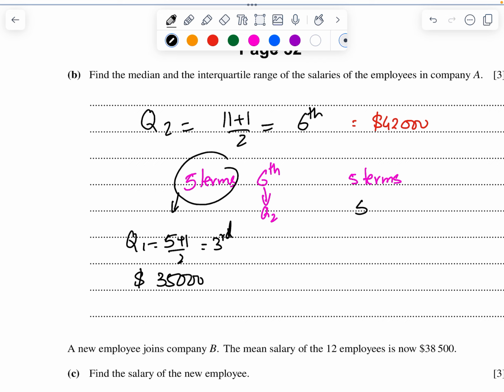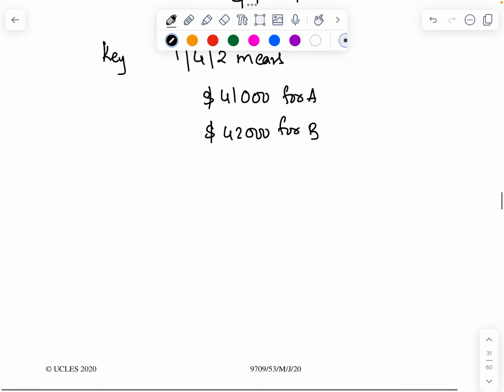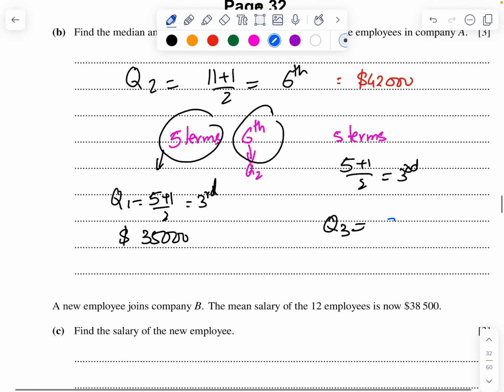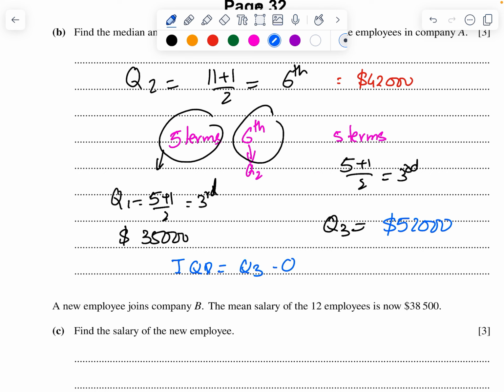And again 5 plus 1 divided by 2, the third term will be Q3. Third term from where? From this Q2. So from this Q2, 1, 2, 3. So it's going to be 52,000. 52,000 is going to be Q3. So what will be IQR? Q3 minus Q1, which is 52,000 minus 35,000, which is $17,000. That's going to be the IQR.